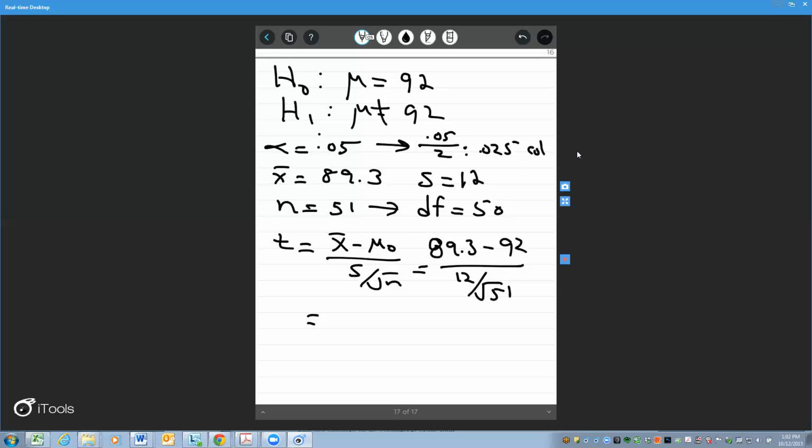And if I do that on my calculator, I get minus 2.7 over 1.68. So I get minus 1.607.